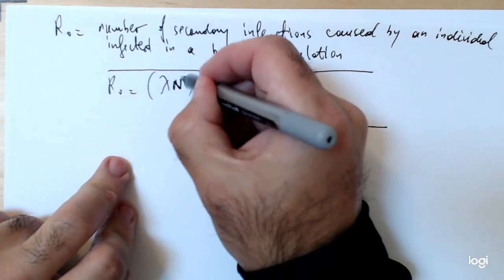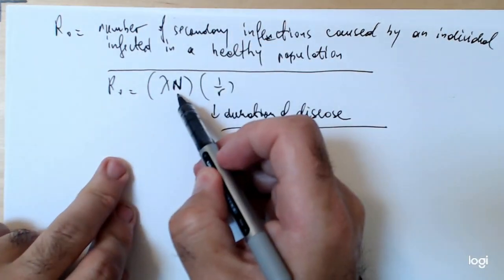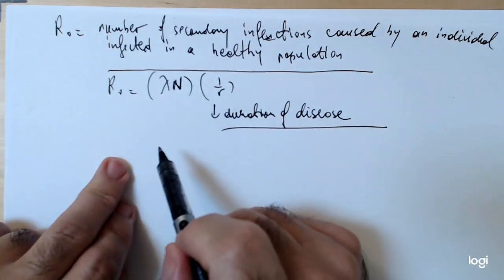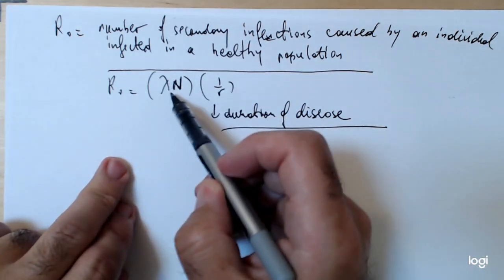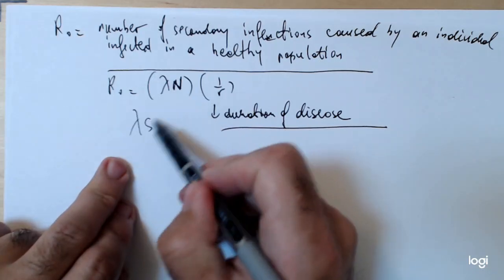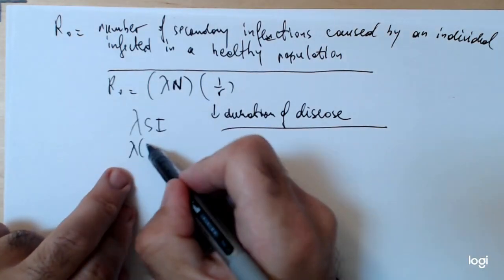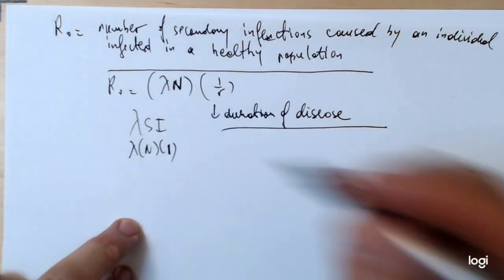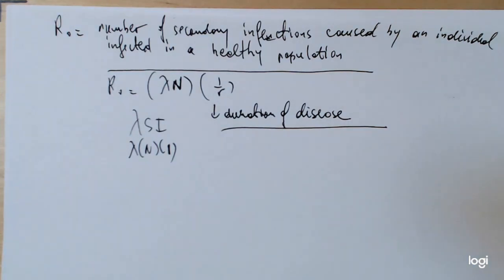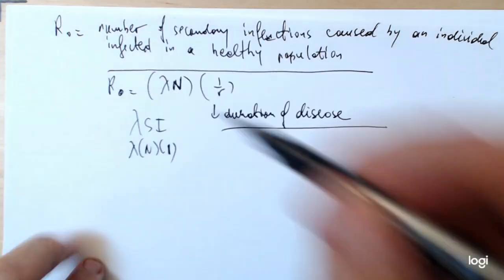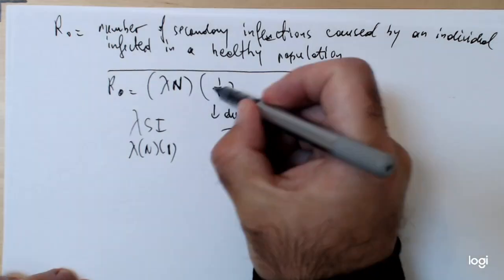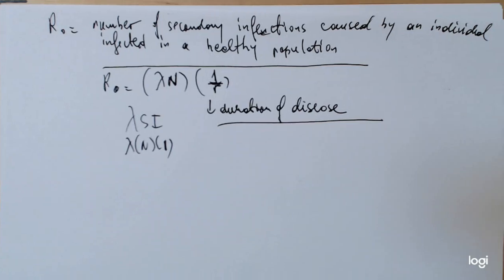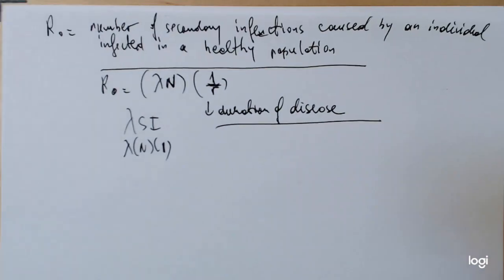And lambda n, if you imagine that everybody is healthy, is essentially the number of infections caused by just one individual. There's no I here, right? Because remember, in the infection process, you have lambda Si. So imagine that S is replaced by N, and I is replaced by 1. This is why R naught measures the force of infection coming from just one individual, like you noticed in the news when they talk about patient 0. Of course, that's an idealization, because it's not like there is a single one.